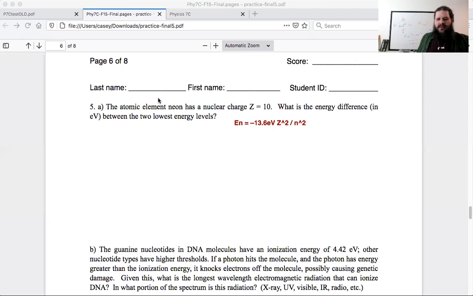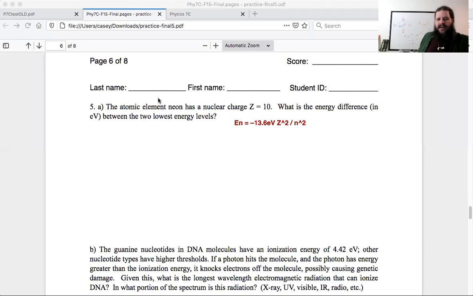So if we want to pick the one of those formulas that most closely corresponds to this case, this is definitely not an electron in a one-dimensional box because the atom is not just one-dimensional. We also aren't talking about an oscillator because an oscillator would be more like two atoms that are oscillating back and forth because they're being attracted and repelled. So like with a bond or something?